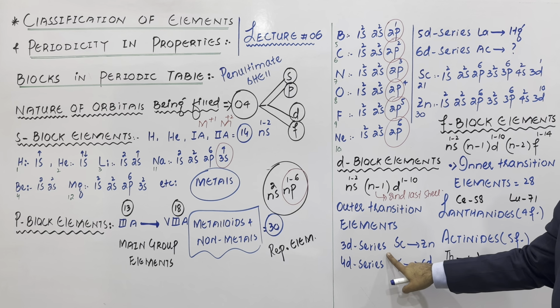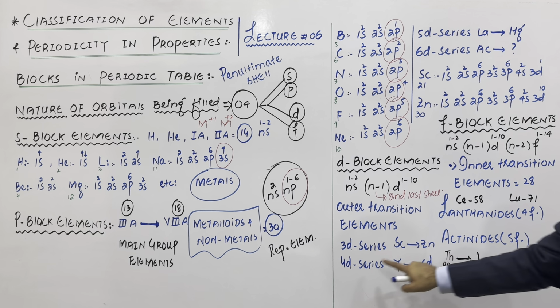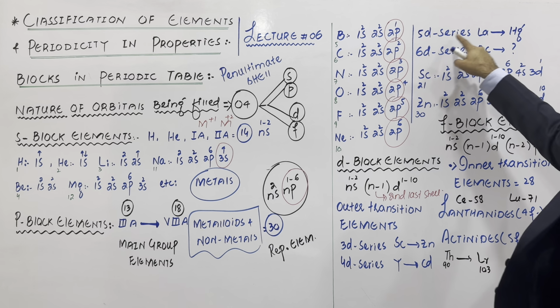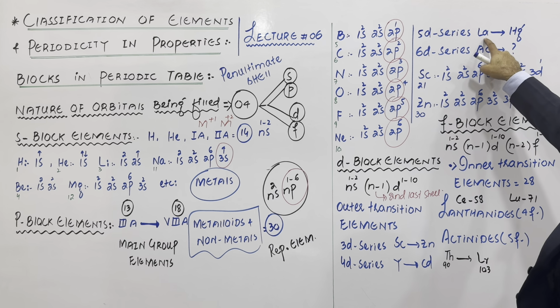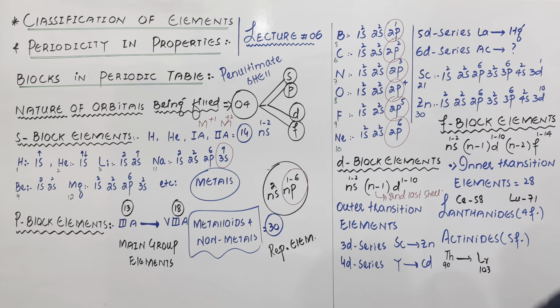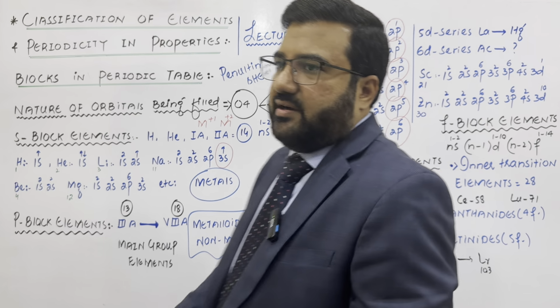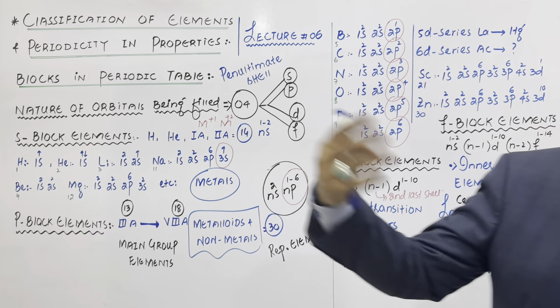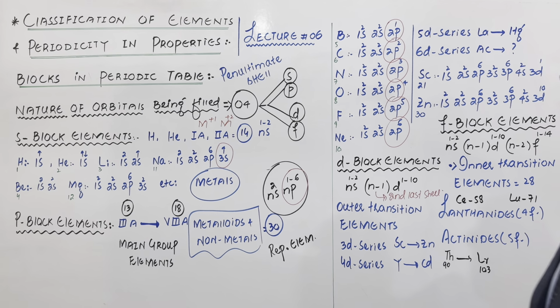The 3d series has 10 elements from scandium to zinc. The 4d series has 10 elements from yttrium to cadmium. The 5d series has 10 elements from lanthanum to mercury, and the 6d series starts with actinium, and where it will end we have no idea, as it is incomplete and new discoveries are being added into this series.